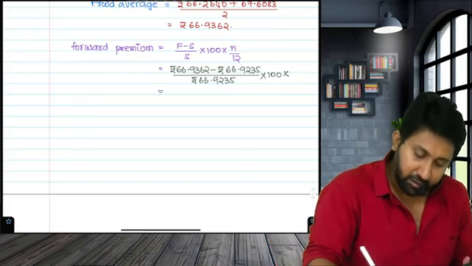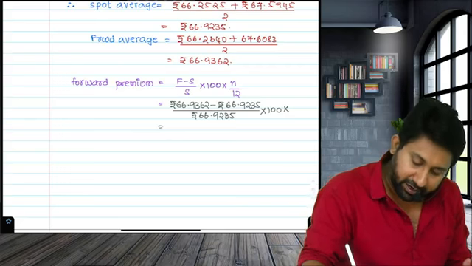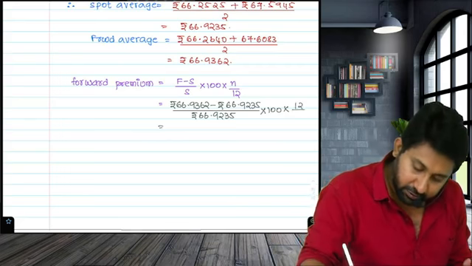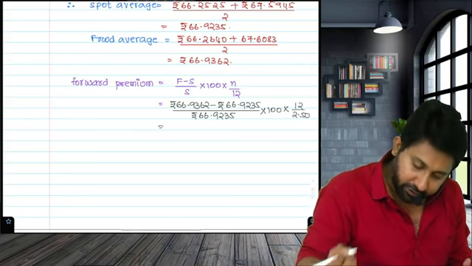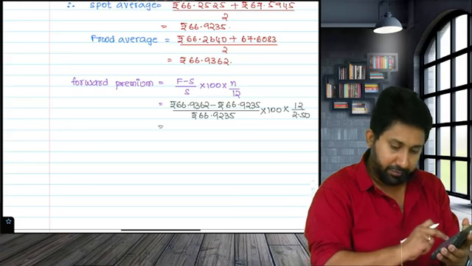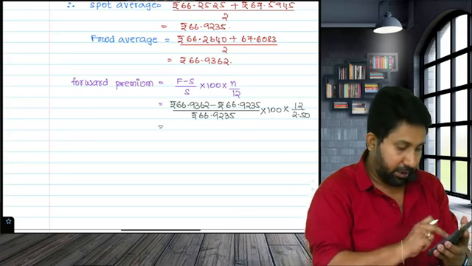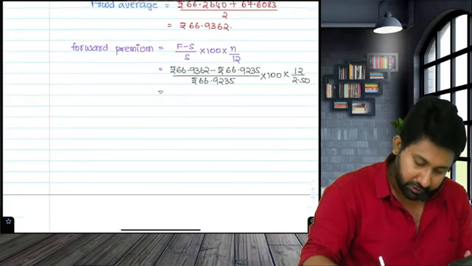Here 66.9362 and 66.9235 are already obtained on the basis of 2.5 months calculation. So instead of writing it as N by 12, we will write it as 12 divided by 2.5. I'm very sorry. 66.9362 minus 66.9235 whole divided by 66.9235 into 100 into 12 divided by 2.5. How much?